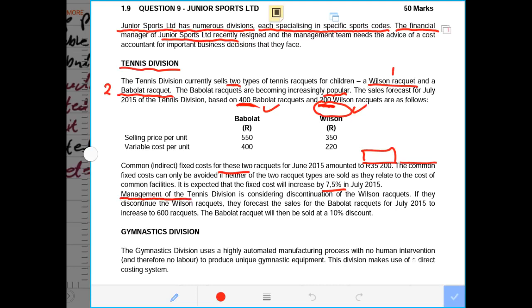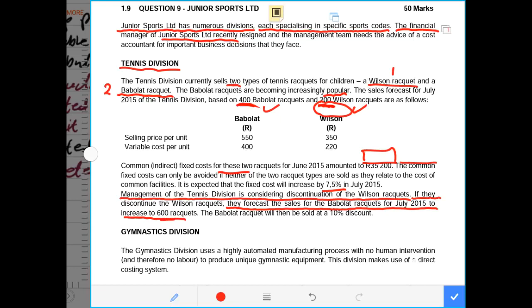Management of the tennis division is considering discontinuation of the Wilson racket. So they want to discontinue. And it says, take note, if they discontinue the Wilson rackets, the forecast sales for the Babolat racket for July 2015 will increase to 600 units.